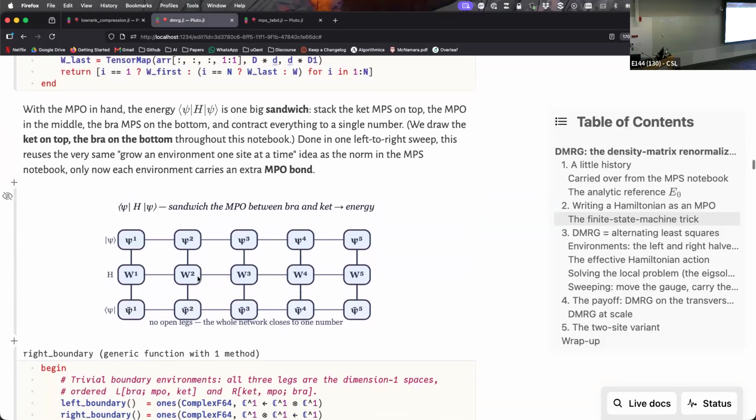For a nearest neighbor Hamiltonian, there's basically only the state where everything is happening to the left, the state where everything is happening to the right, and then one operation that has to go between the two. So these three different options mean you need at least dimension 3 to capture that. For the next nearest neighbor case, you get 4 options.